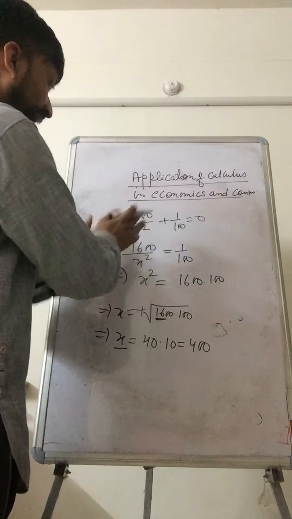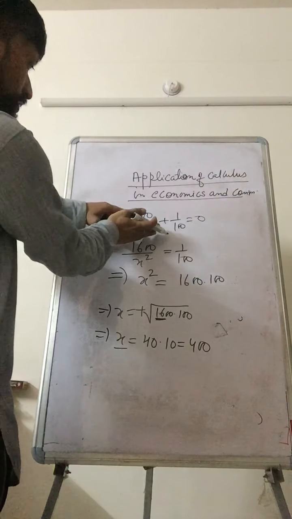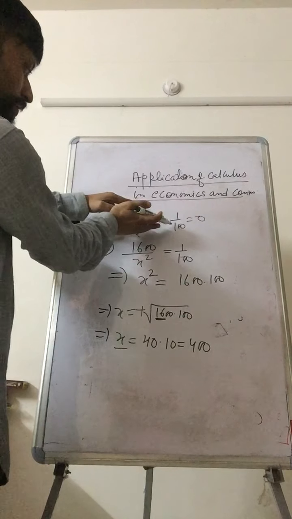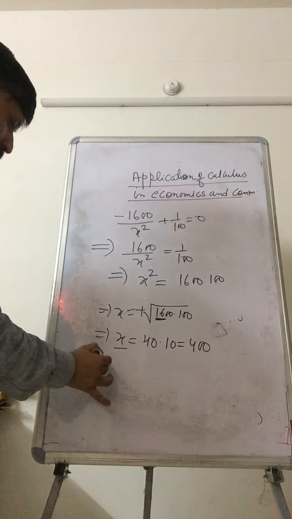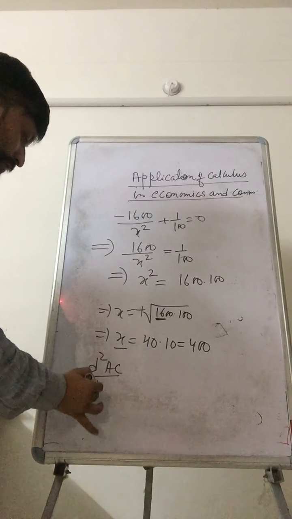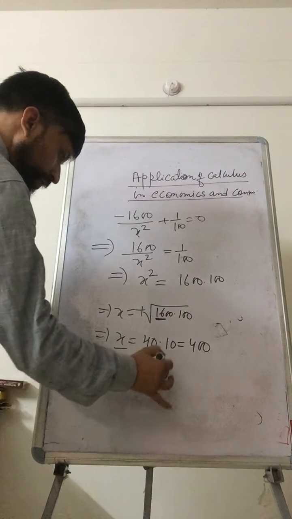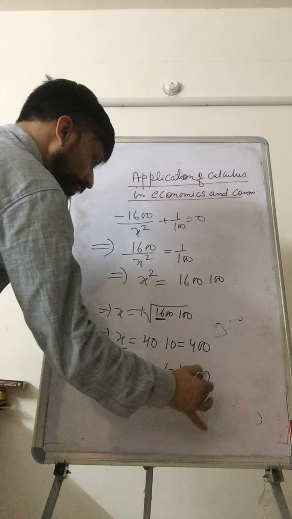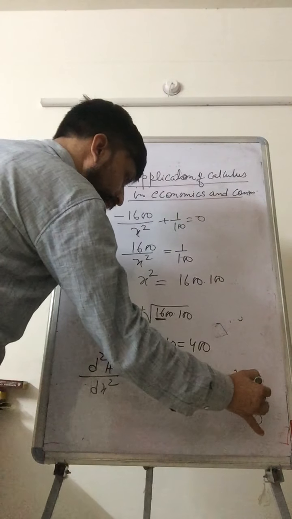Then we will go for the second order derivative test. For this, again we have to find the derivative, because this was the derivative of first order. So second order means d square AC by dx square, and we will write d dx of minus 1600 by x square plus d dx of 1 by 100.